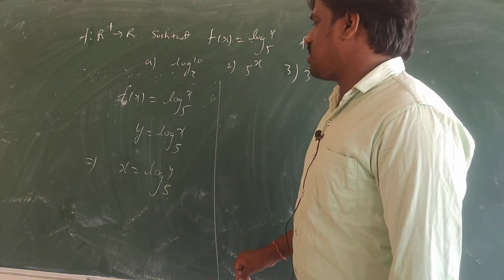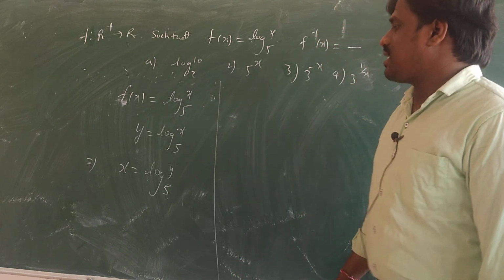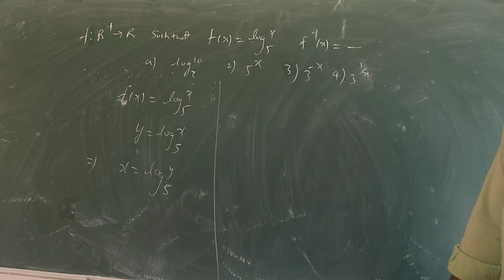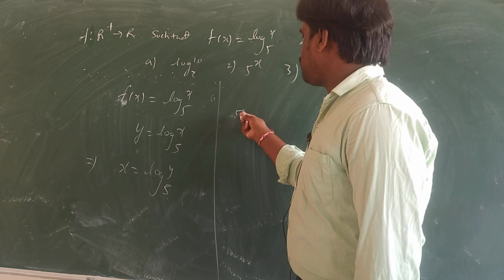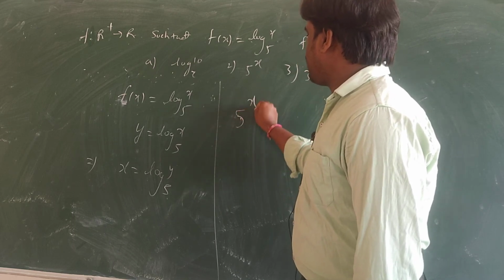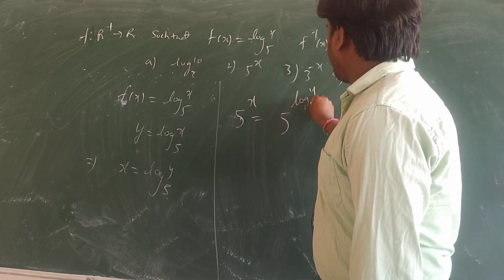Log exponential on both sides. But tell me which exponential you need to apply. 5 power x you have to apply, right? So here you get 5 to the power of x is equal to 5 to the power of log y with base 5.